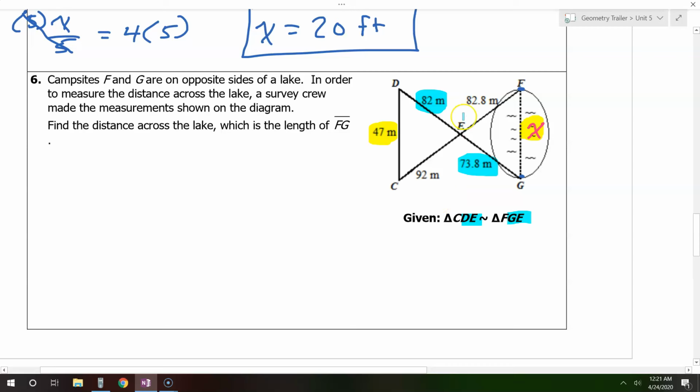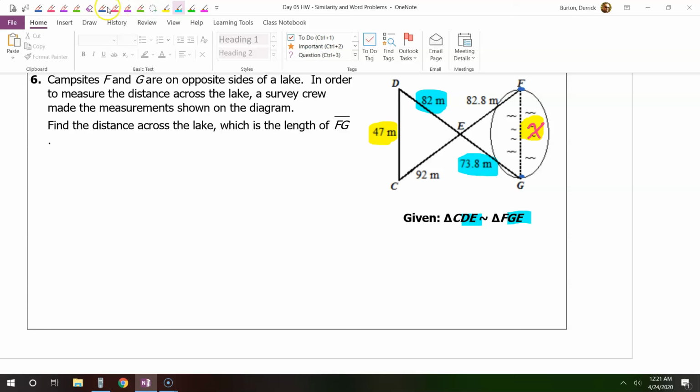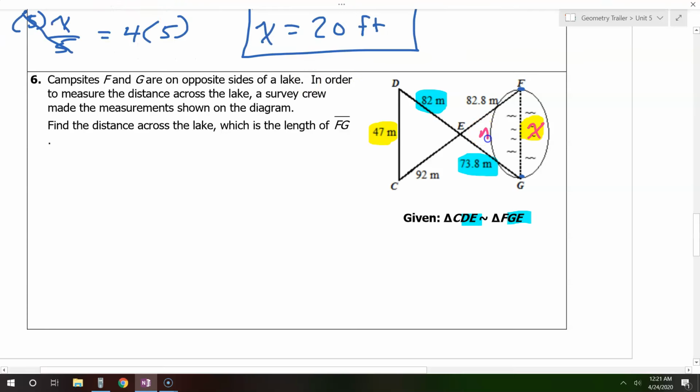Obviously, I could go on and match up the 92 and the 82.8, but we only need these four quantities to solve the problem. So let's label one triangle as new and one triangle as old. It doesn't matter which is which, as long as you write the equation in the form new over old is equal to new over old.